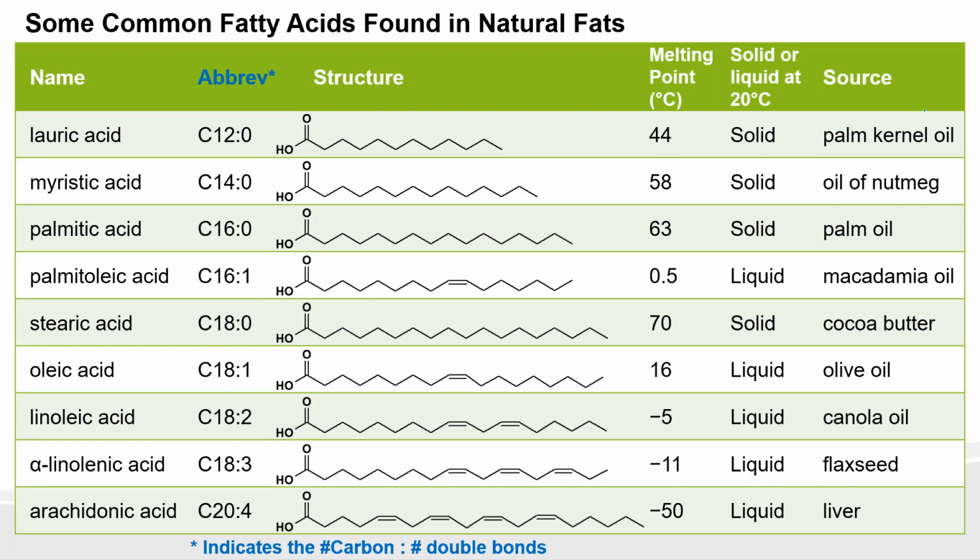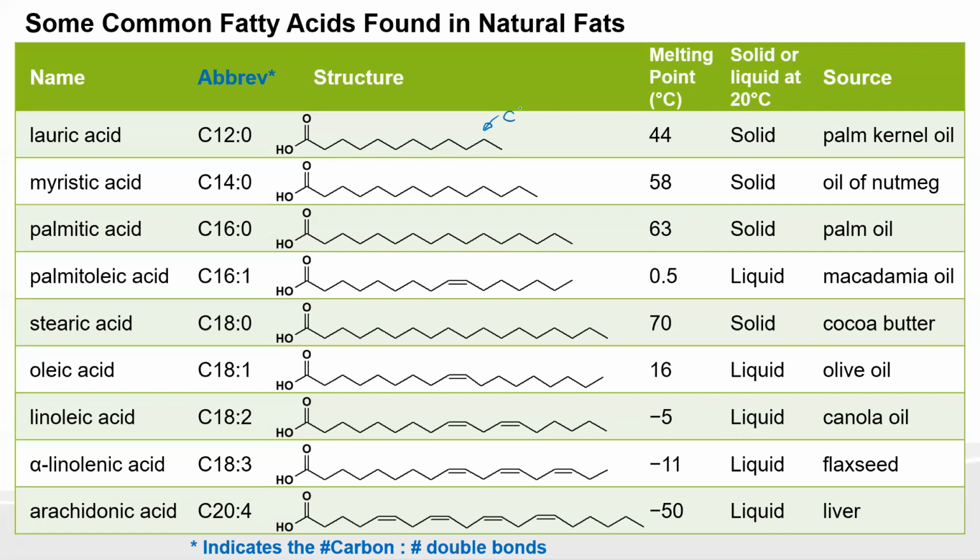If you take a look at these structures, by the way, these are abbreviated structures. They don't show the carbons and hydrogens, but every joint on these stick structures represents a carbon attached to some hydrogens. You can look up the full structures if you want. Usually these are available on Wikipedia and other places. It doesn't really matter, but I want to make some points about this slide.